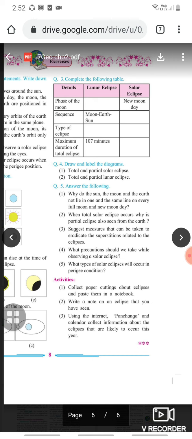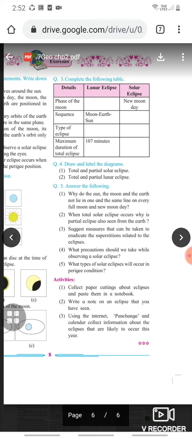Third is suggest measures that can be taken to eradicate the superstitions related to the eclipse. Fourth is what precautions should we take while observing a solar eclipse, and what types of solar eclipse will occur in perigee conditions. Okay, so these are the 5 questions for you which you have to answer.